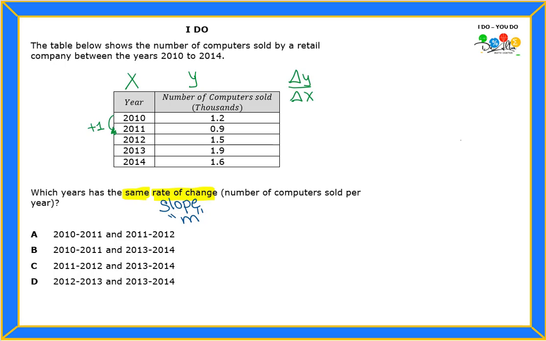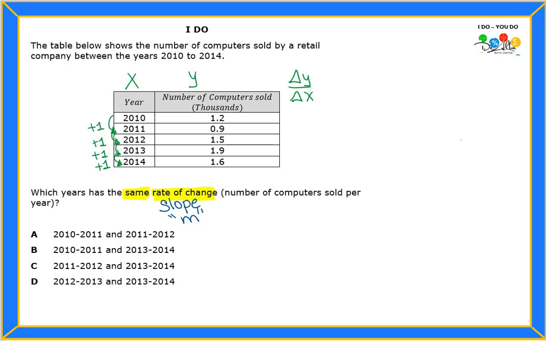It's increasing by 1. What about the next one? It's also increasing by 1. And the last one, 2013 to 2014, it still increases by 1. So I can see that the rate of change in x, which is the years, is going up by 1.